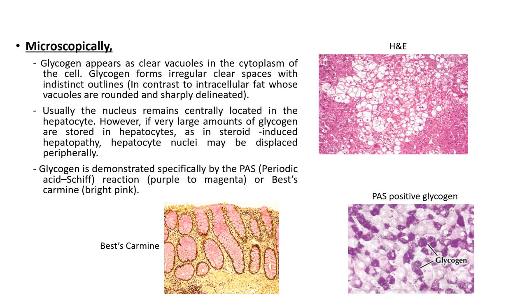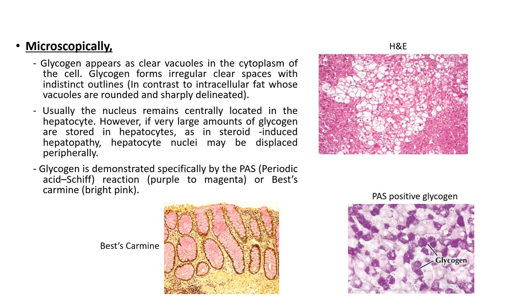Under microscope, the glycogen would appear as a clear vacuole in the cytoplasm of the cell. It looks like clear spaces with irregular and indistinct outline.